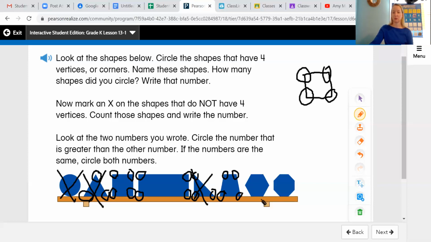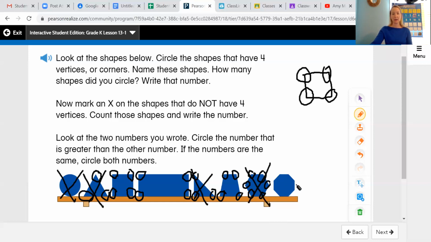Let's look at this one right here. Let's look at this hexagon. Let's count our vertices. 1, 2, 3, 4, 5, 6. 6 vertices. Is 6 equal to 4? No, so we're going to cross that one out. It cannot be behind the door.